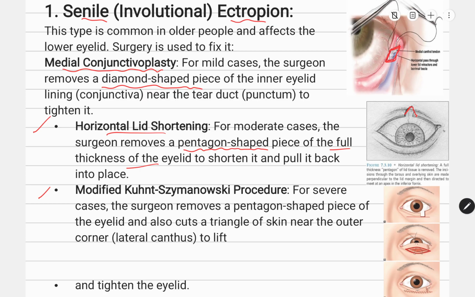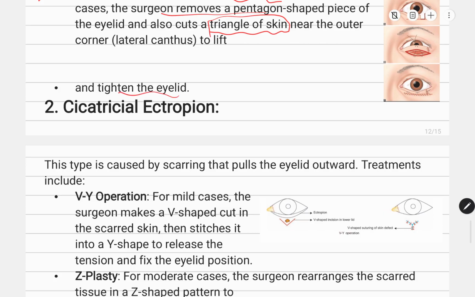The other is the modified Kuhnt-Szymanowski procedure. For this, the surgeon removes a pentagon like this one, and the surgeon also removes a triangle of the skin from this part. So in both cases, the little bit of difference is the triangle of skin. The pentagon shape piece is the same, okay, and then tightens the eyelid.